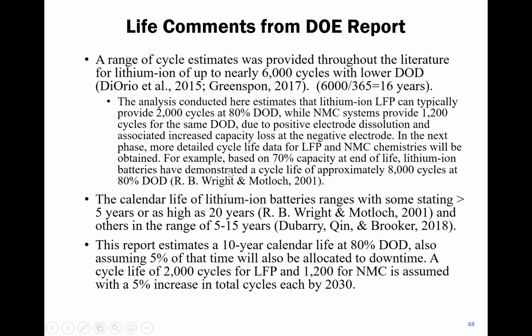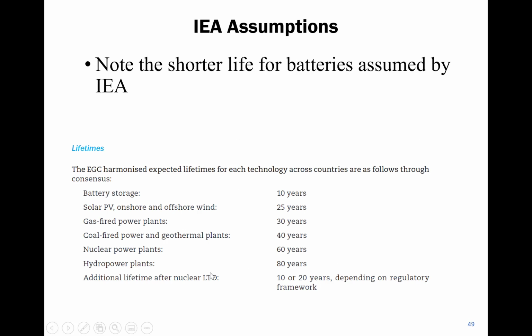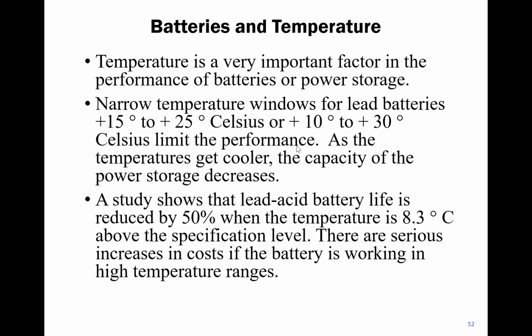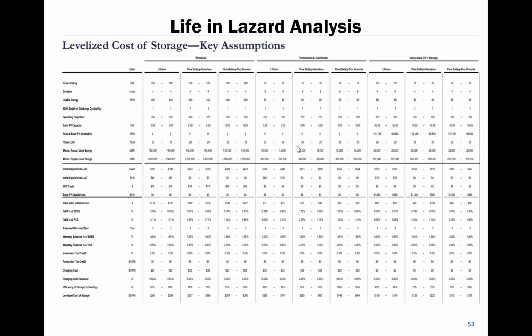This is from a Department of Energy report. And we have the 16 years again, and 5 to 20. And it's clearly an uncertain kind of a thing. And this is an MIT study, and we have lithium battery 5 to 15 years. It's clearly a big deal, and it's extremely a big deal.